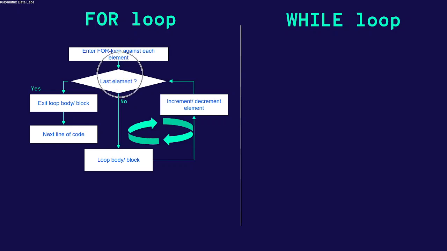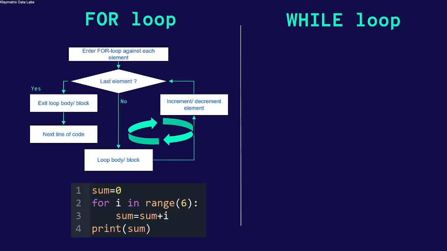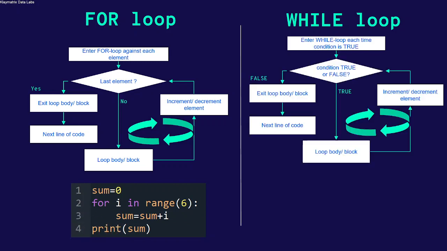And the moment you reach that last element, you run for that last element as well, and then you come out of the loop, exit the loop body and go to the next line of code after the for loop. So just like the example we just did, it keeps on running until you reach the last element, and then you go to the line after the loop.